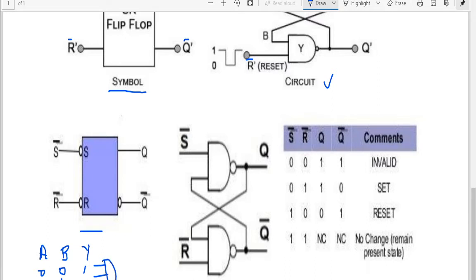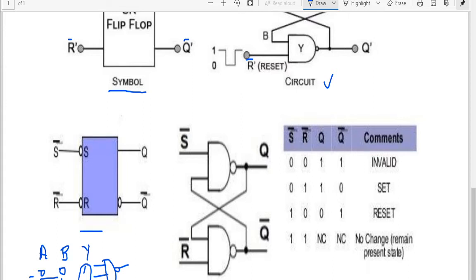Here you can see that the output of the NAND gate is high whenever both or either of the inputs is low.